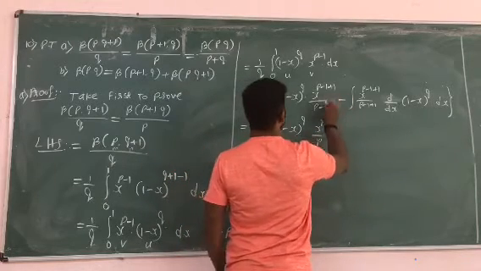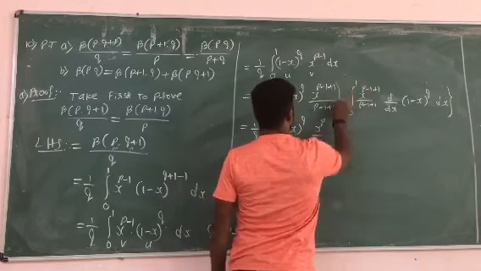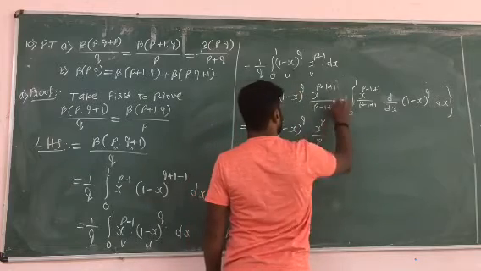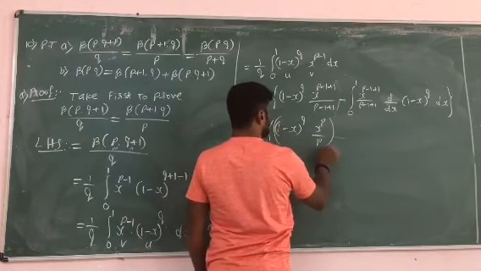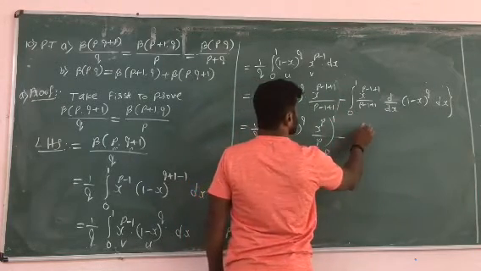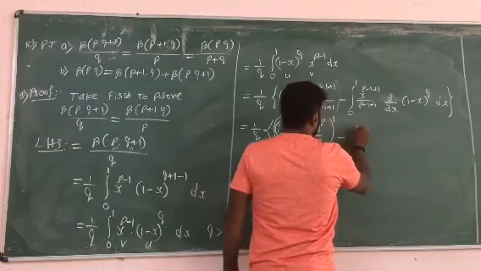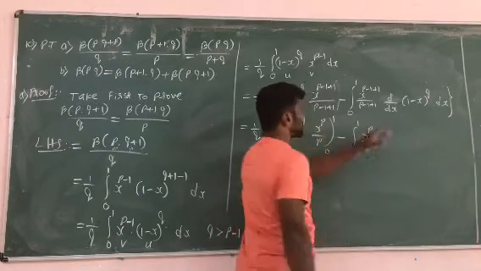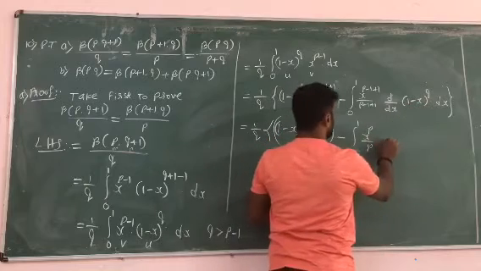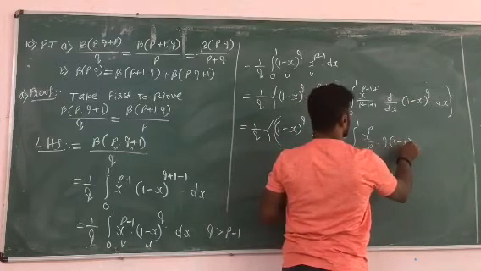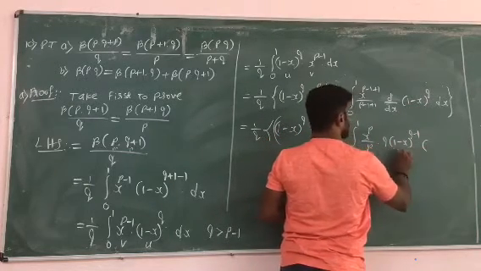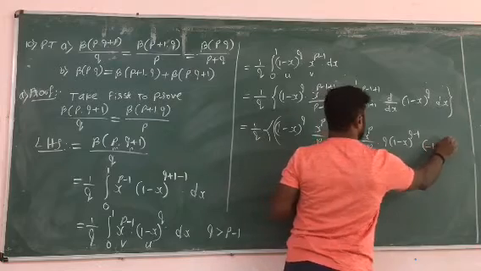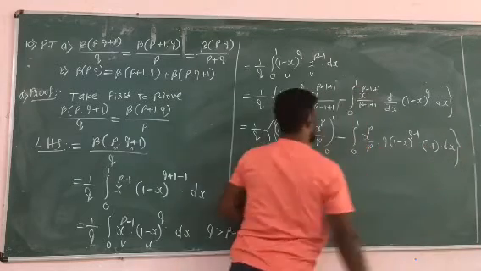So the limits apply here, from 0 to 1, minus the integration of 0 to 1 x raised to p divided by p, into differentiation of 1 minus x raised to q, that is q into 1 minus x raised to q minus 1 into the derivative of 1 minus x, which is minus, dx. Bracket closed.